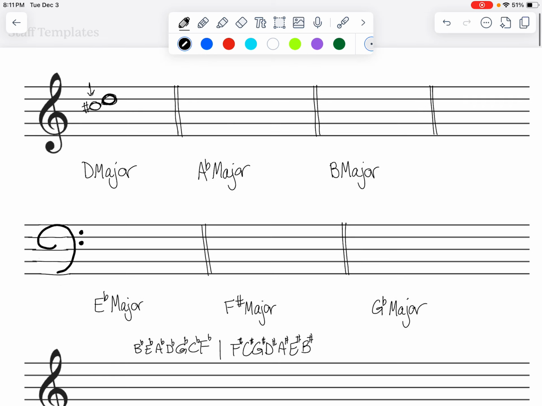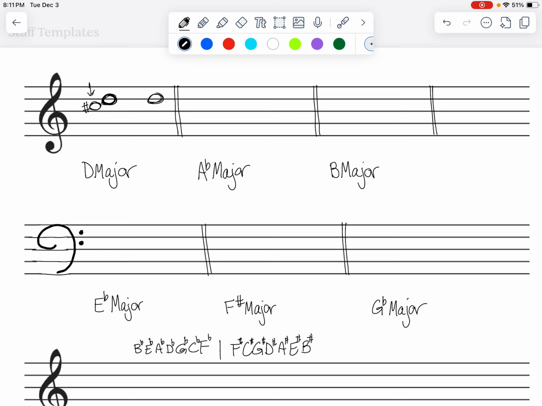And the great thing about sharp keys is that when we're identifying key signatures, and we say, oh, it's got 4 sharps, let's go to the 4th sharp and then go up a half step. So when you're essentially looking at ti and finding do, the last sharp is always ti, and then we go up a half step to do.